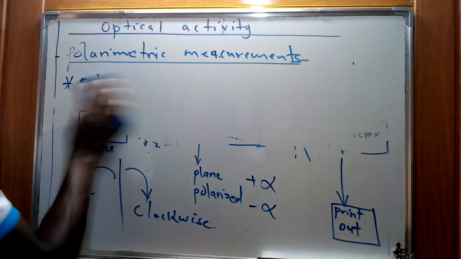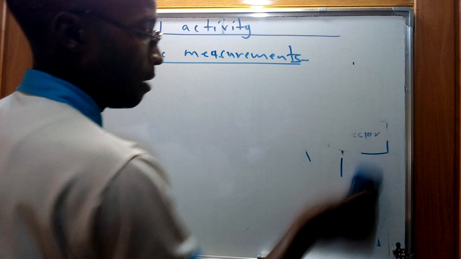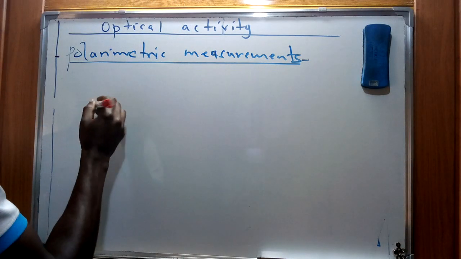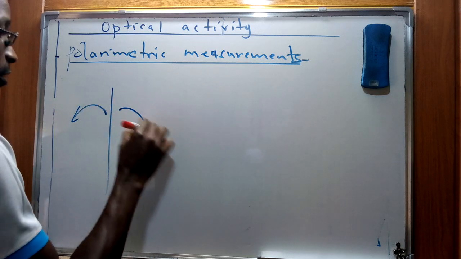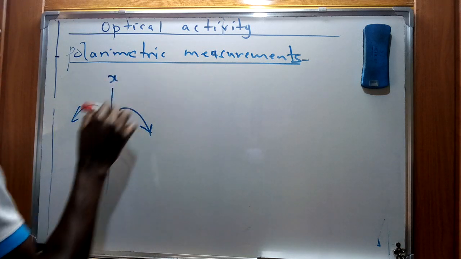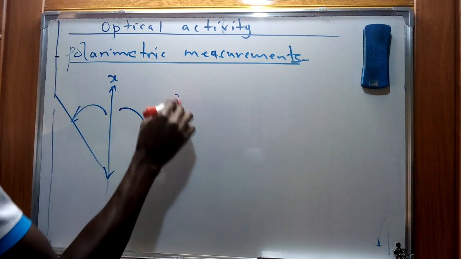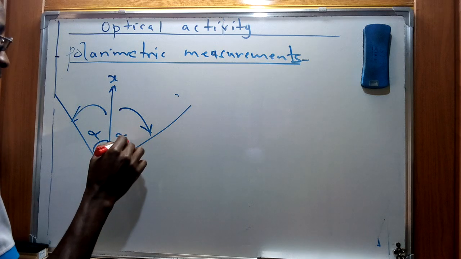I hope it has given us an illustrative way of trying to identify parts of a polarimeter. So if we talk about this rotation of plane polarized light, we give this one as alpha.